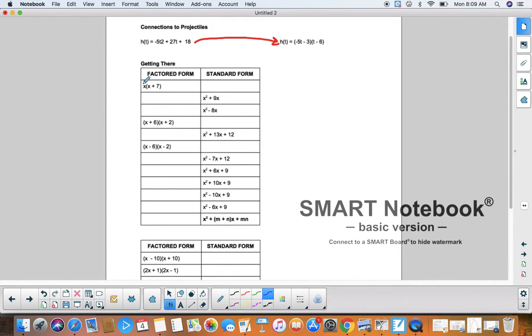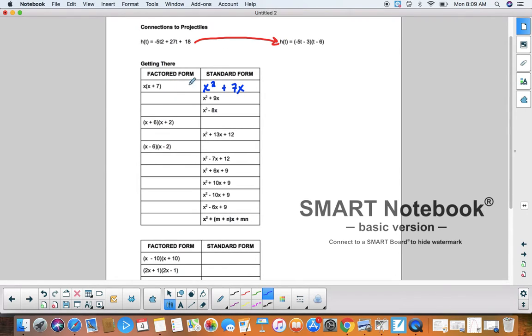So here's an example. We have x times x plus 7. So we use the distributive property to do x times x and get x squared, and x times 7 to get 7x. Here they're asking us to do the reverse. They want us to go from x squared plus 9x back to factored form.